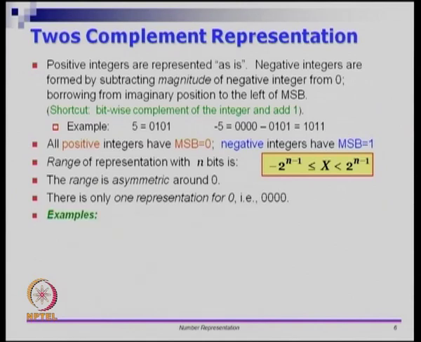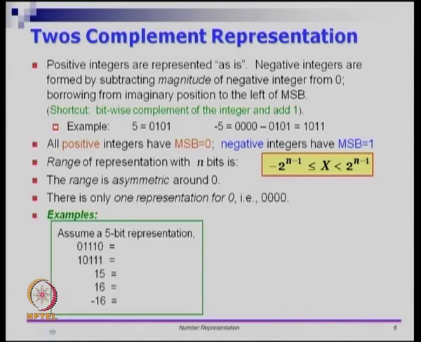So let us see some examples. We will take the same things that we did before. So 0 followed by 1 1 1 0. If this is a 2's complement interpretation, then this is a positive number, 1 1 1 0 is 14, so that is 14 itself. If I want to interpret 1 0 1 1, I know it is a negative number. To get the decimal equivalent, I first flip all the bits, so it is 0 1 0 0, and then I add 1 to it.